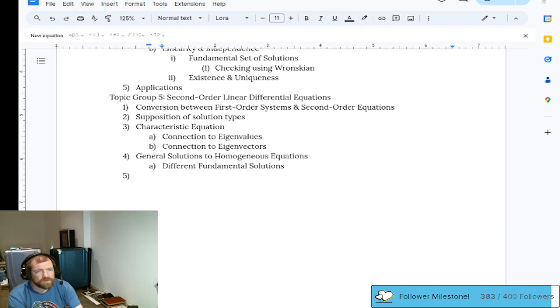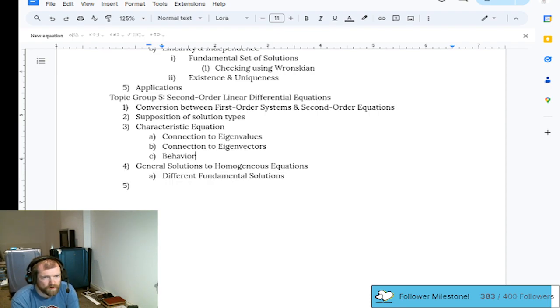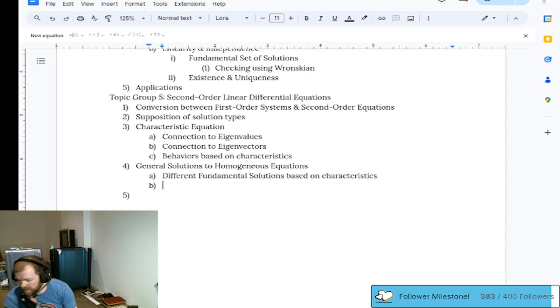Well, that could be the connection to eigenvalues and vectors up there. Different fundamental solutions. Okay.